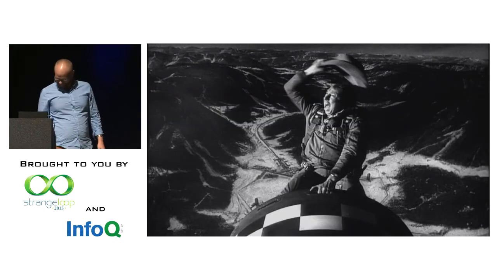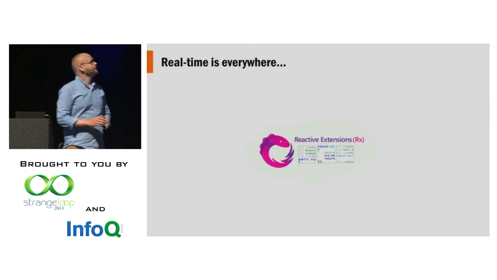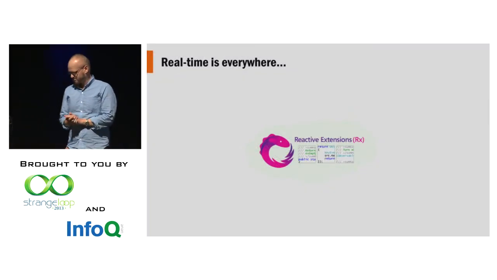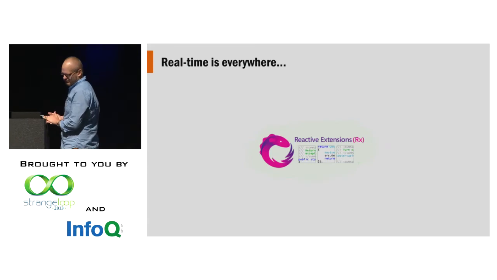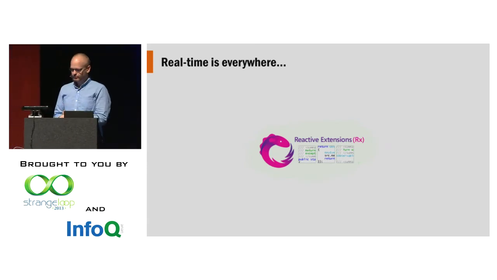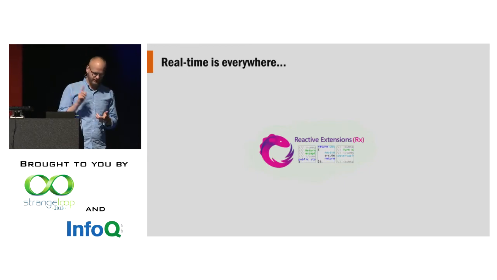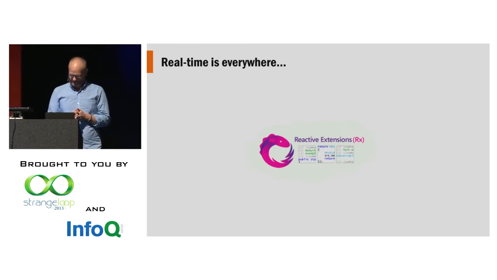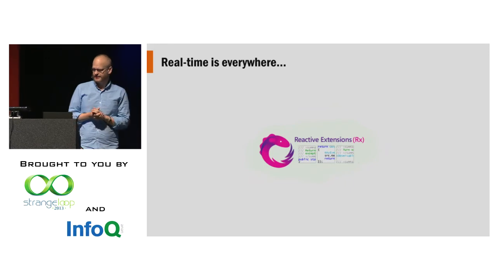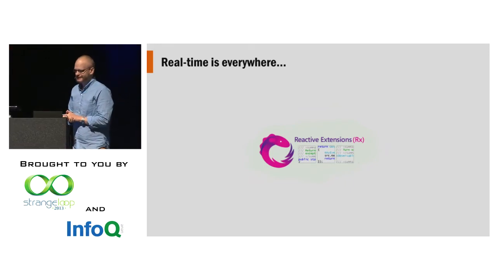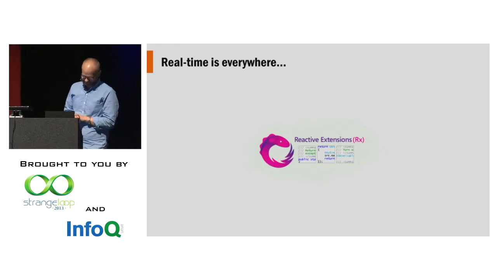So real time is everywhere right now. And real time comes in a number of forms. For example, on your phone, you get GPS feeds, you get Twitter feeds, you get SMS, you get everything. In fact, it's hard to find an application nowadays that doesn't have at least a dozen connections to it.